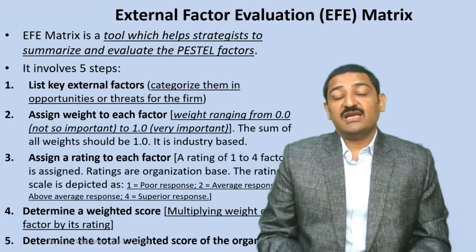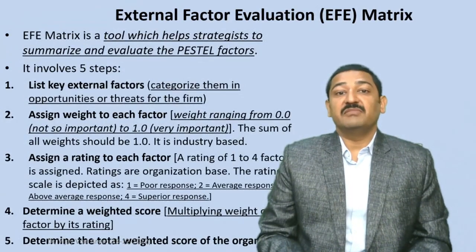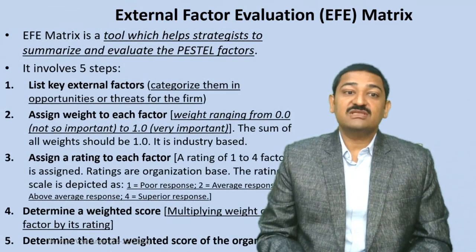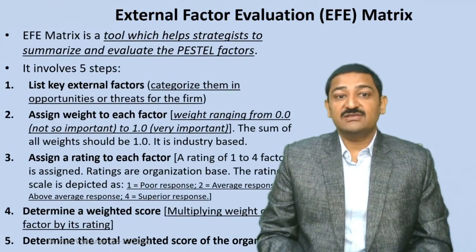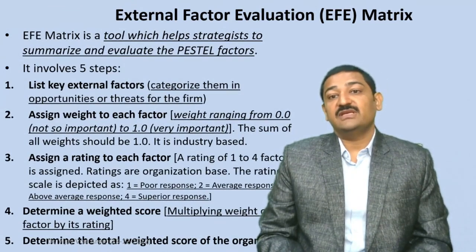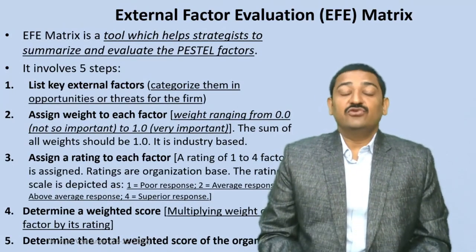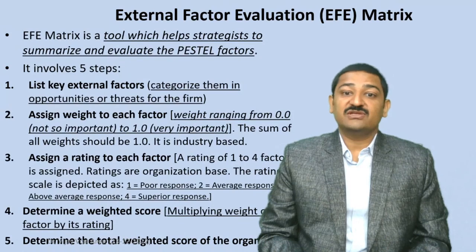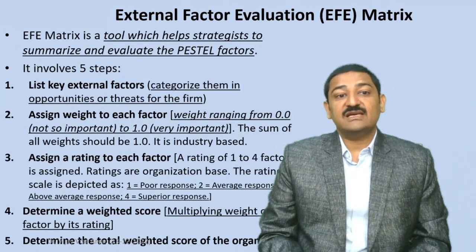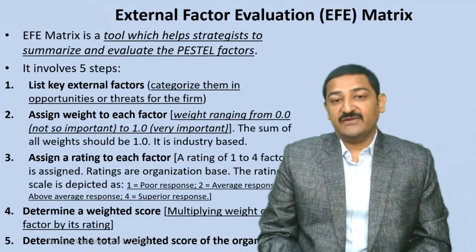Based on this, we can have another metrics analysis, which is external factor evaluation, sometimes called EFE metrics. This is a tool which helps strategists summarize and evaluate the PESTLE factors. Usually there are around 5 steps, and we need to understand each of these.